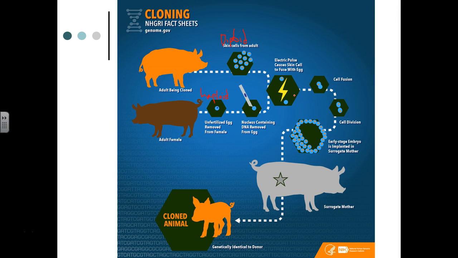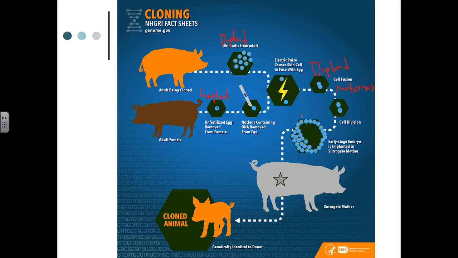All right. So the electric pulse will then fuse those cells, and then we end up with a diploid cell. But all of that genetic material is now coming from this orange-colored pig here, and then it goes through mitosis and cytokinesis, and continues to divide until we get this larger mass of cells, which was like a zygote and what we call maybe a blastocyst.